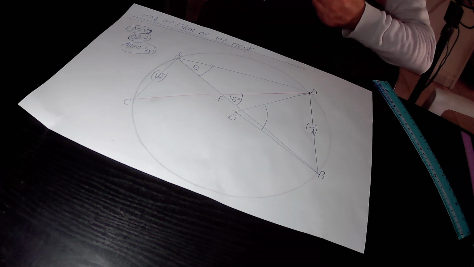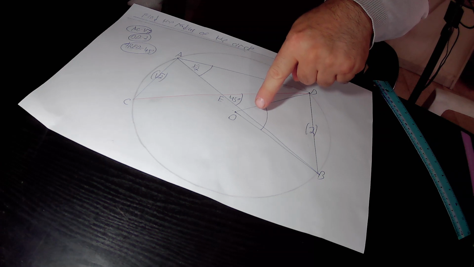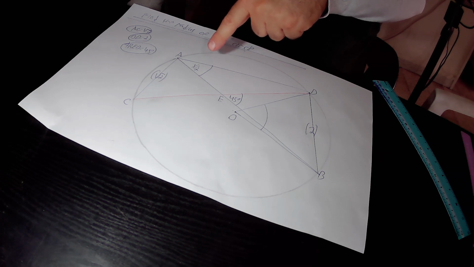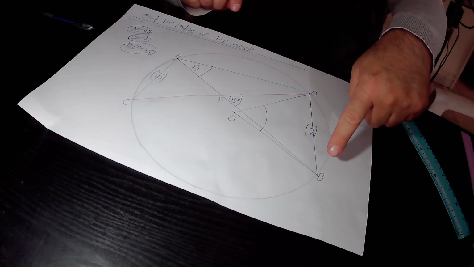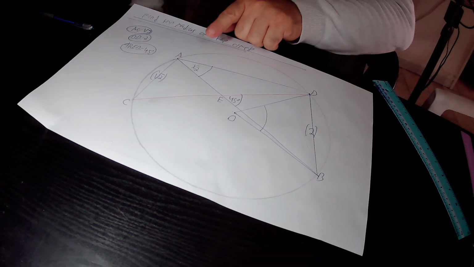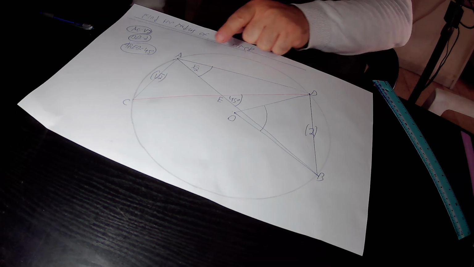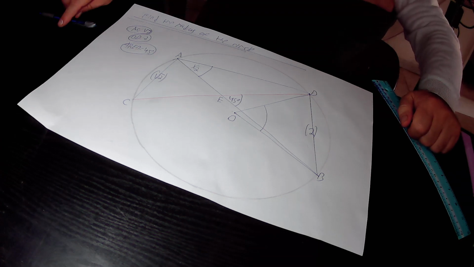Therefore, according to rule 13, the size of this central angle must be twice as large as the size of this peripheral angle, because both those two angles subtend on the same chord called BD. We know that the size of peripheral angle BAD is x over 2, therefore the size of the central angle must be equal to x. Okay.